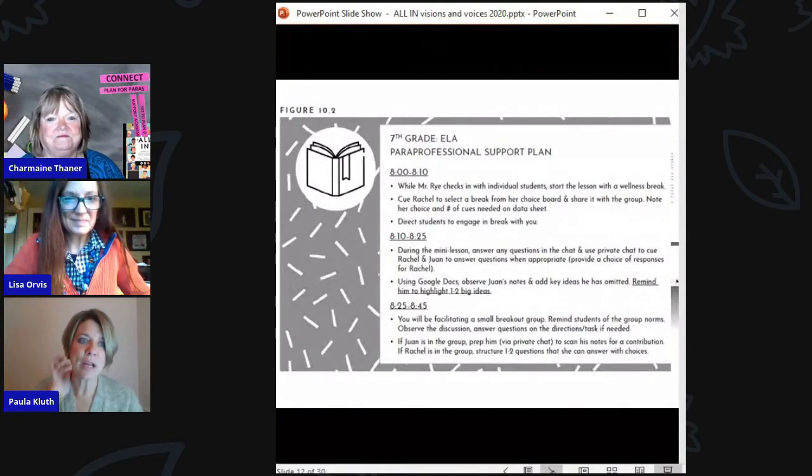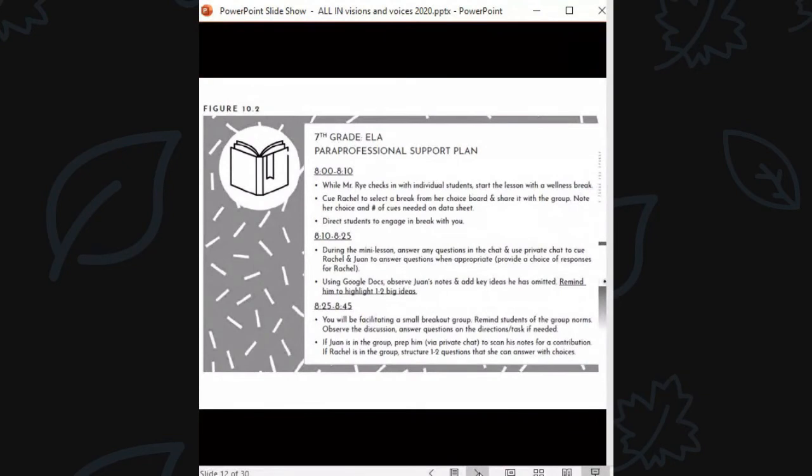One of the things that we are recommending in the book as part of that is to be a little bit more pointed in how you plan for paras. So we're suggesting things like, it's not for every moment every day, but for things that repeat.